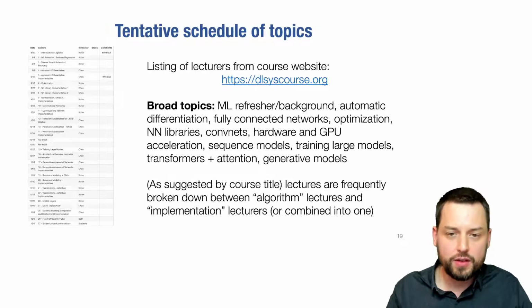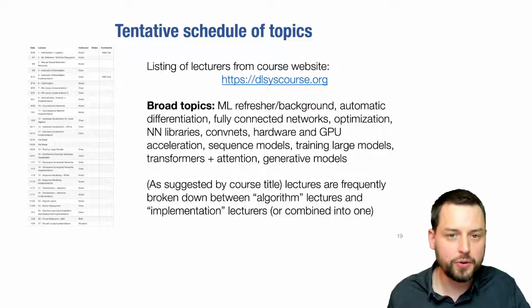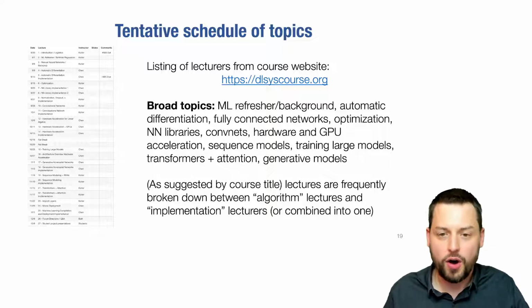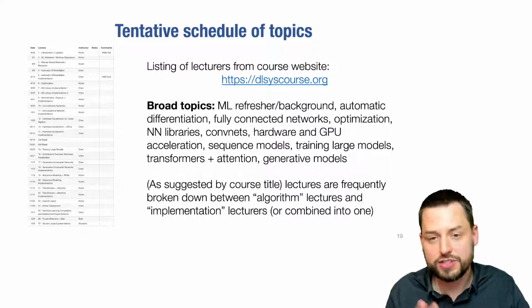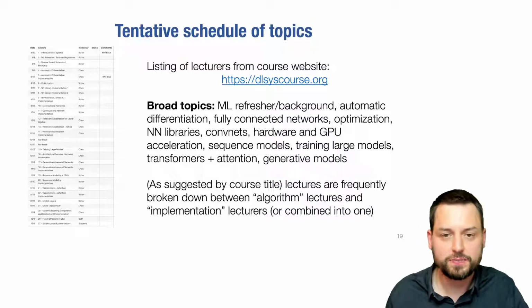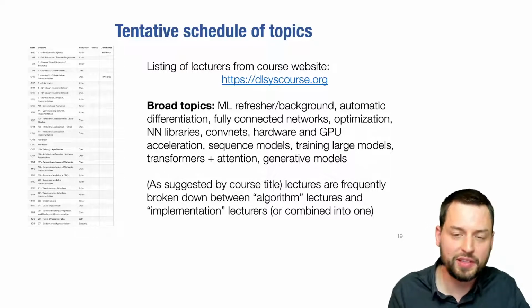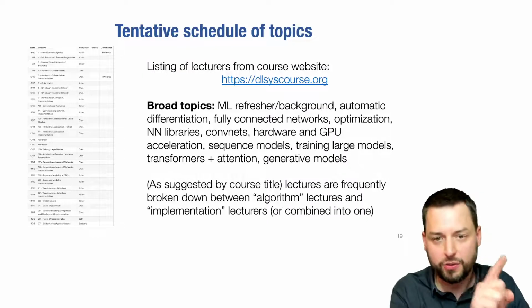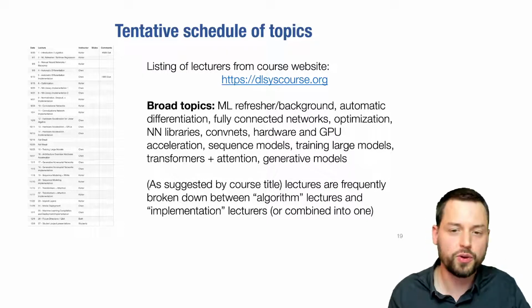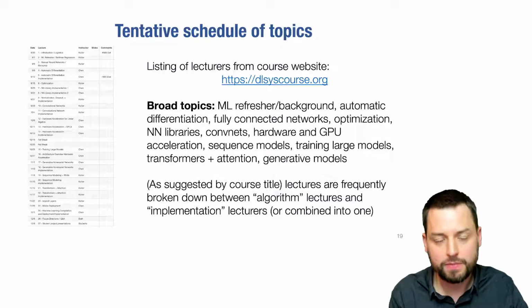Now, the course website, which is dlsyscourse.org, has all this information and will have a listing and posting of all the lectures for the course. You can look at the schedule of topics to see what you'll be learning there. One thing to emphasize is that the schedule I'm showing is the schedule for the CMU version, which is about 2 weeks ahead of the online version.